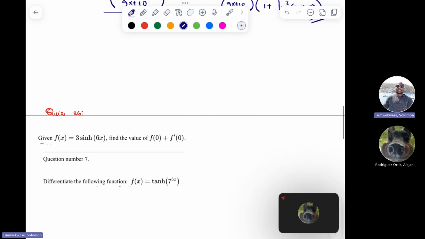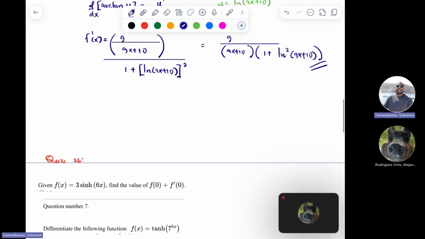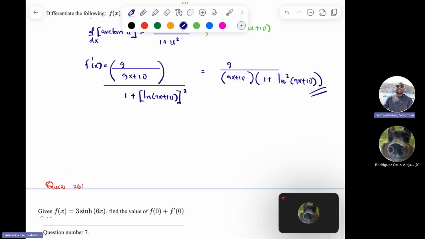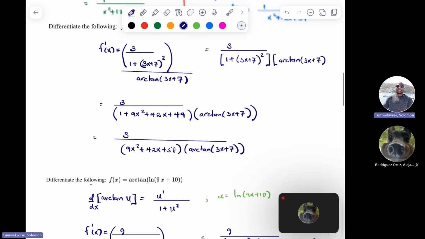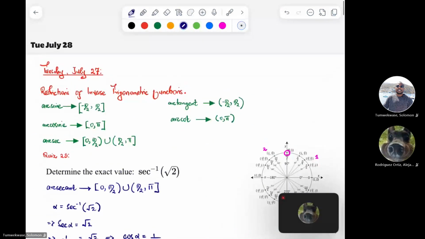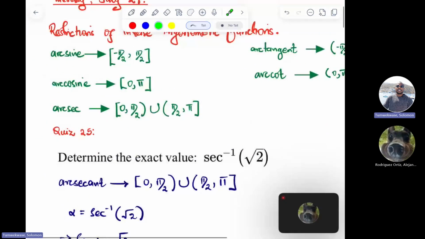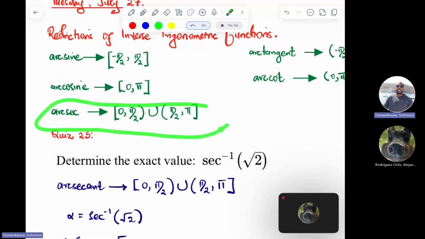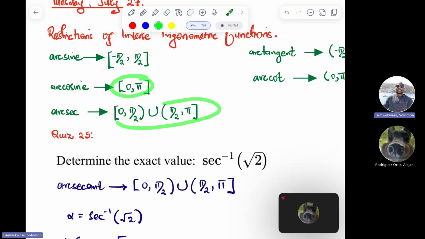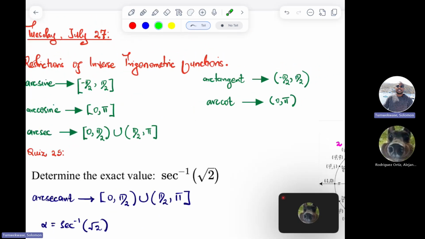Before I move on to quiz 26, maybe let me remind you. So once again, the restriction for arcsec is this, then we have arccosine as 0 to pi, then negative pi to pi for arcsine.